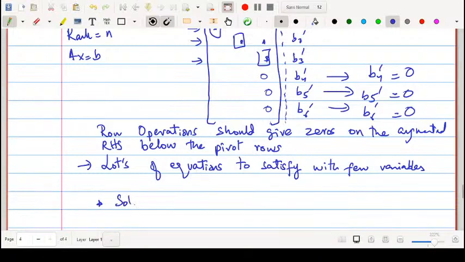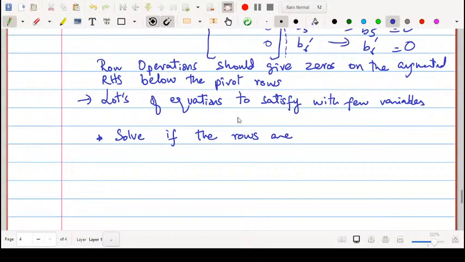You can solve if the rows below the pivots, if the rows below the pivot variables, and I think I'm going to do some examples today, so all of these ideas become concrete.